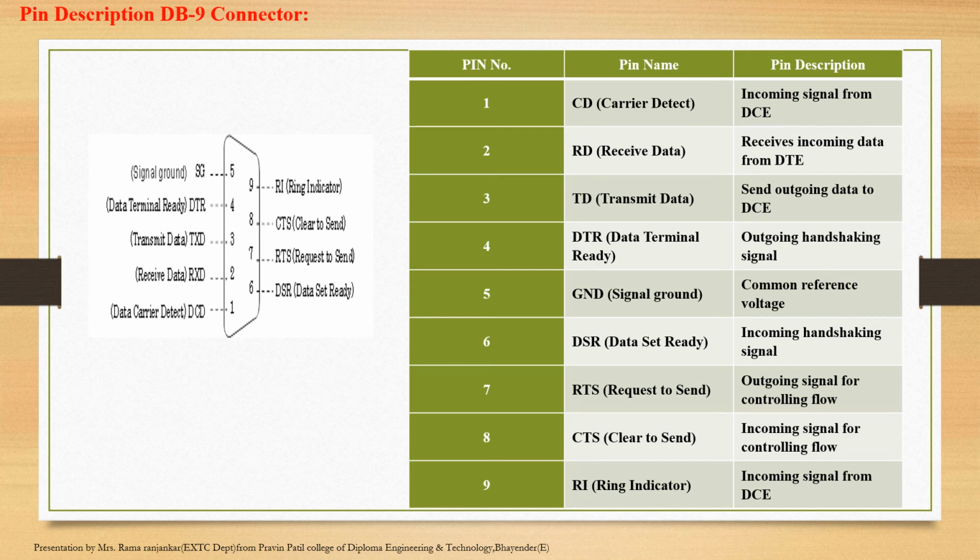Pin number 7 is RTS, request to send, an outgoing signal for controlling flow. Pin number 8 is CTS, clear to send, an incoming signal for controlling flow. And pin number 9 is RI, ring indicator. It shows the incoming signal from data communication equipment.